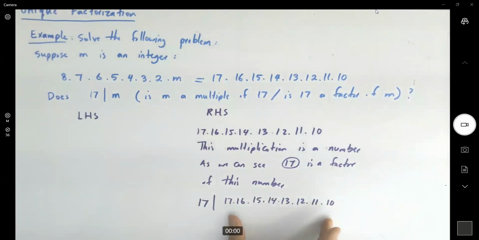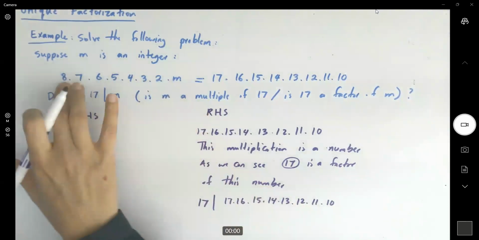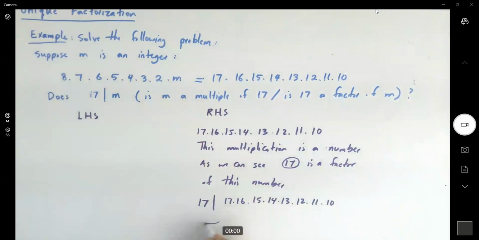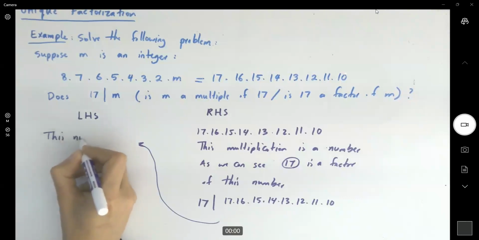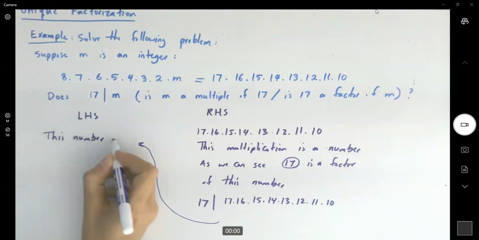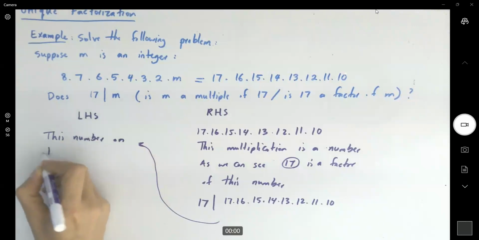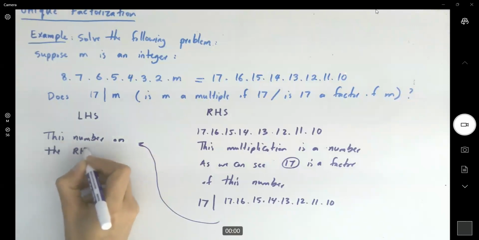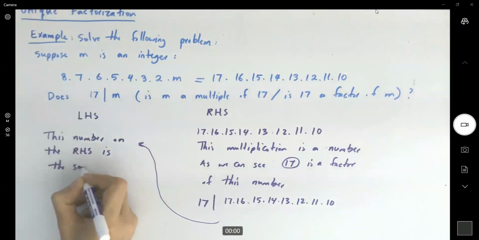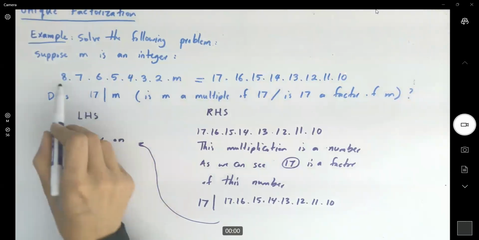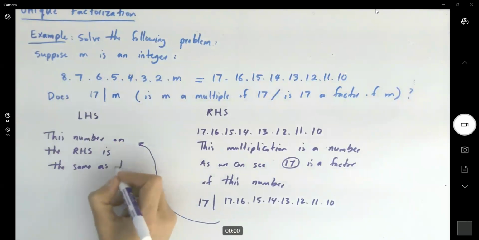But this multiplication is equal to the left-hand side. Now take a look at this. This number on the right-hand side is the same as this number on the left-hand side.